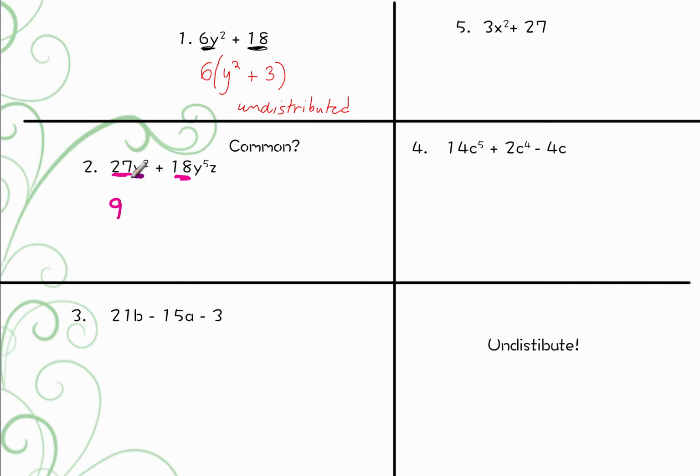This has a y squared. This has a y to the 5th. Is there anything that's common to y squared and y to the 5th? Yes. Y squared. And then that's it. Even though this guy has a z, that is not common to this first term.